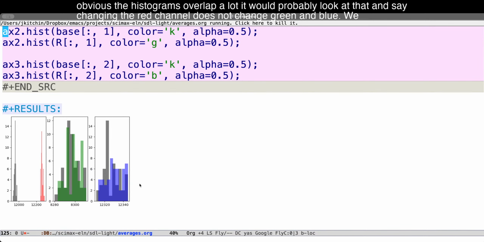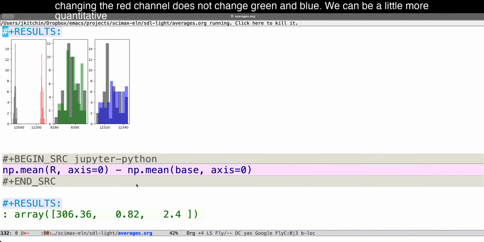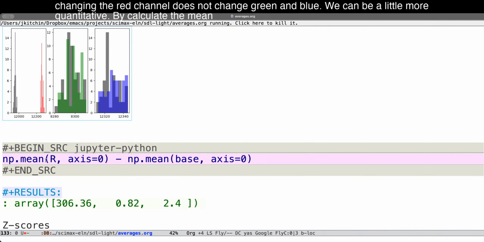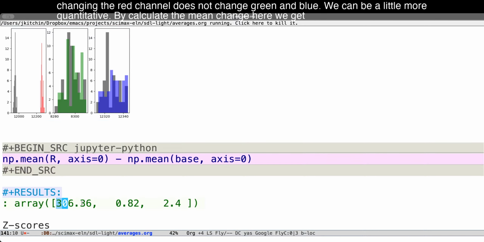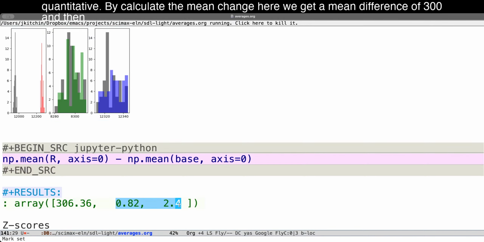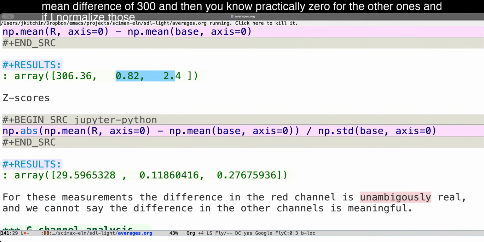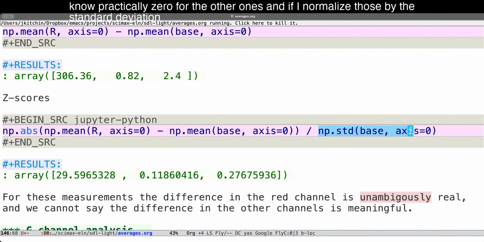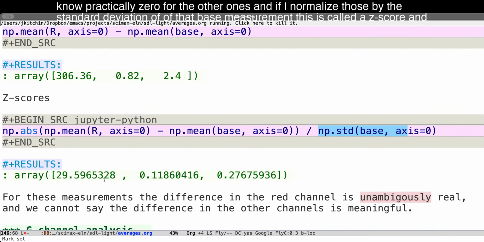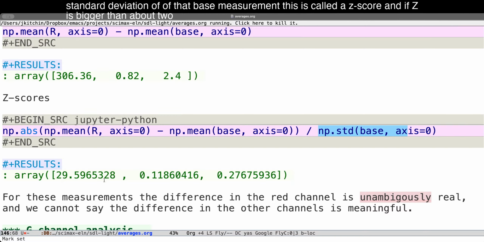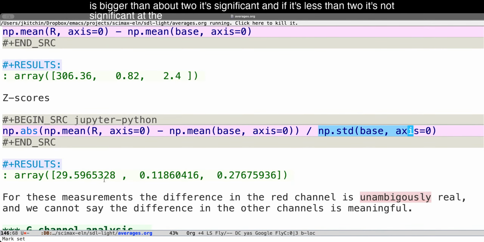We can be a little more quantitative. If I calculate the mean change here, we get a mean difference of 300, and then practically 0 for the other ones. And if I normalize those by the standard deviation of that base measurement, this is called a z-score. If z is bigger than about 2, it's significant, and if it's less than 2, it's not significant at the roughly 95% level.